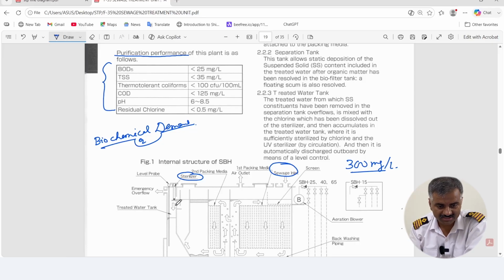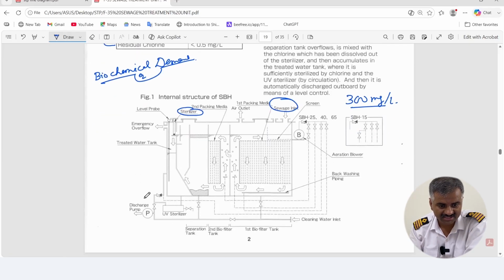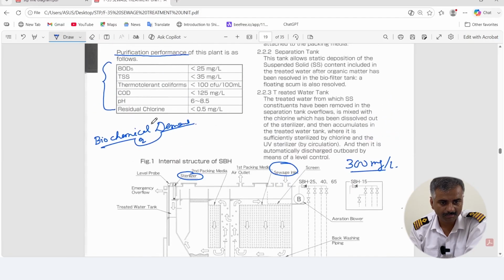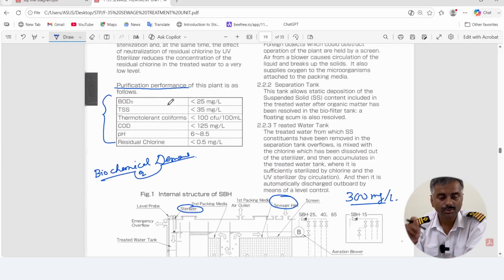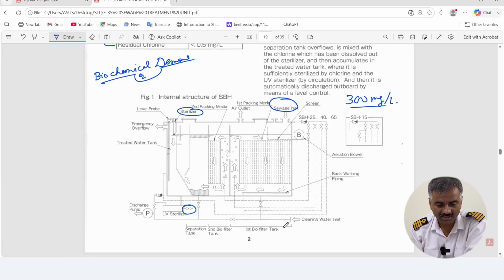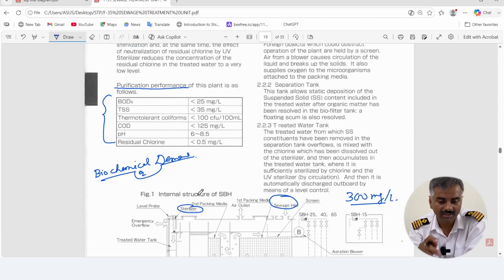When it completes the process and after the sterilization, when it is being discharged, here is your sampling point, which is after the complete process. There you take the sample and measure this BOD. At this point, when it has completely crossed the first chamber, second chamber, and sterilization chamber and reaches this point, it should reduce from 300 ppm to only 25 or less than 25 ppm.